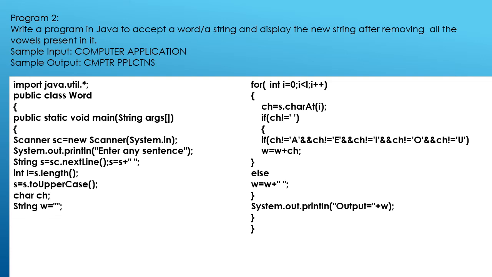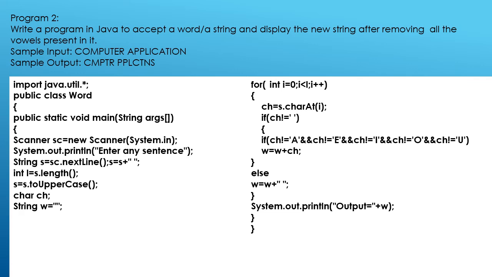If the character is not equal to any one vowel of the alphabet, then that is to be stored in w by using w = w + ch. If the character is a space, then one space is to be added to w. Continue the loop until the end of the characters.